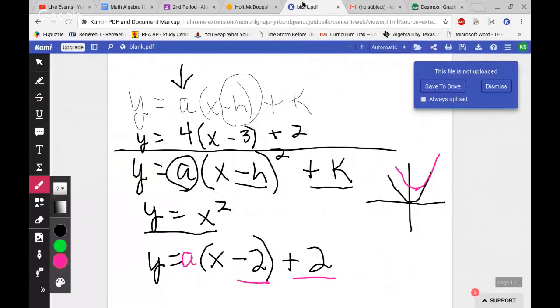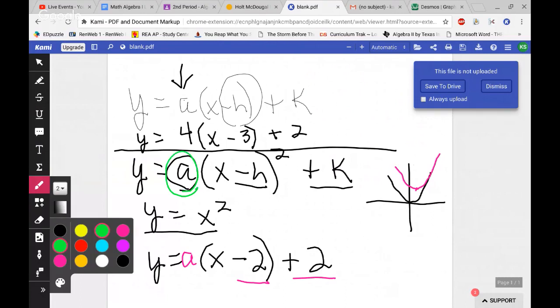The A part of the formula, obviously it's not slope when it's a parabola, but it's kind of like slope in the fact that it changes the overall appearance of either the parabola or even your cubics or your square root. It changes the appearance in that it's either going to move it closer to the y-axis or closer to the x-axis. That's what that A does.